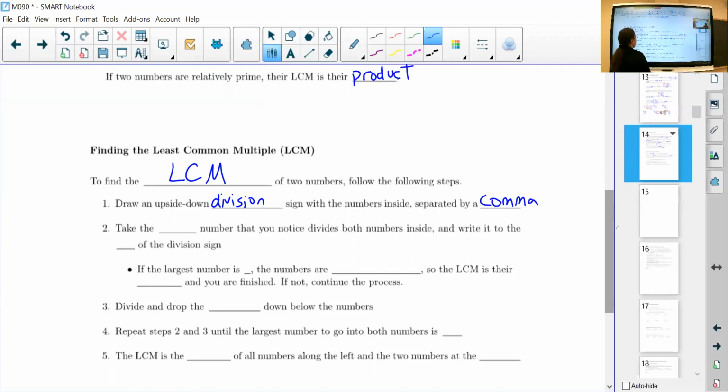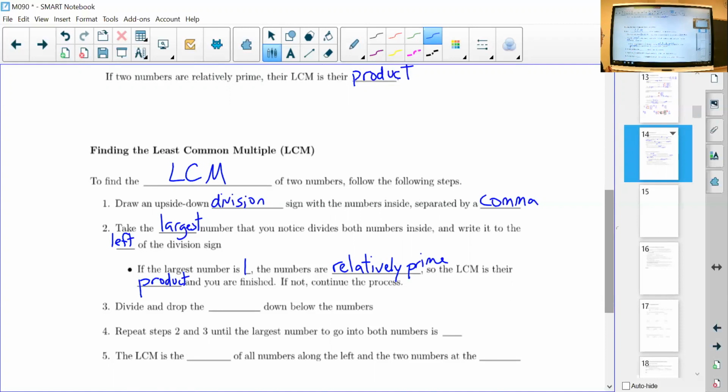Finding the least common multiple of two numbers, we're going to take the largest number that you notice divides both numbers inside. Write it to the left of the division sign. If that largest number is 1, the numbers are relatively prime. So the LCM is their product, and multiply those two numbers and you're done.